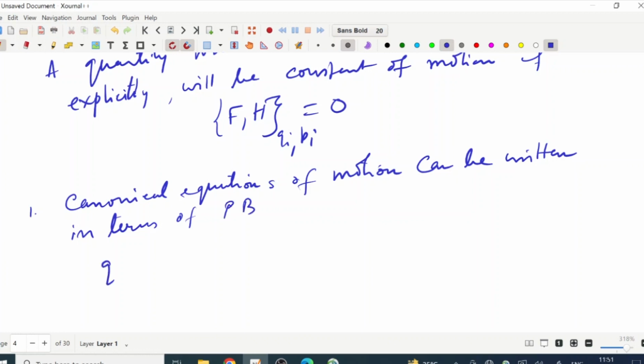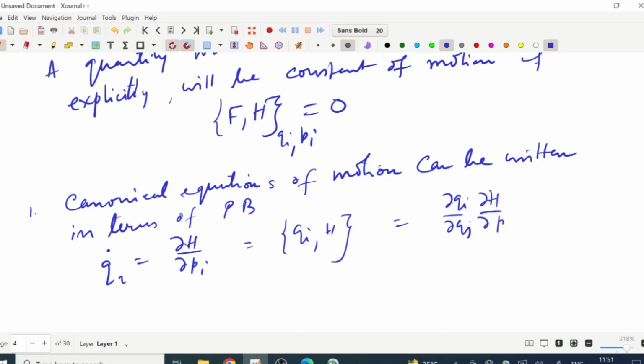So, qi dot is del h del pi, which I can write as the Poisson bracket of qi with h. How? Let us calculate this Poisson bracket. del qi by del qj and del h by del pj, sum over j.